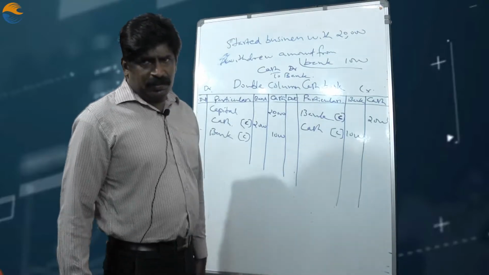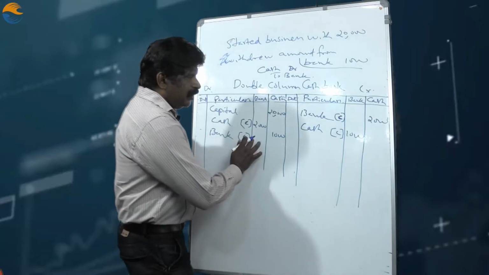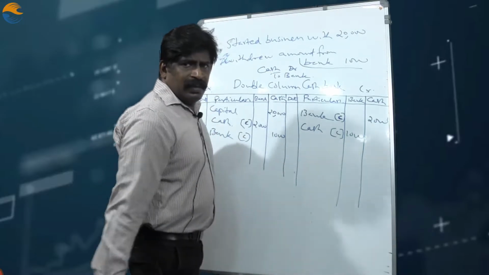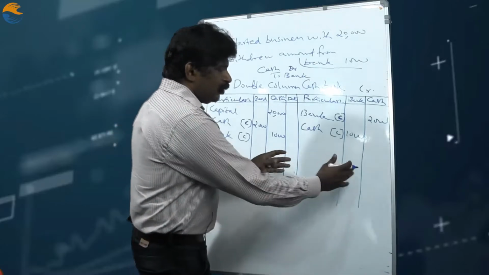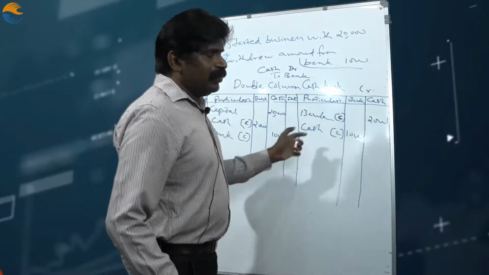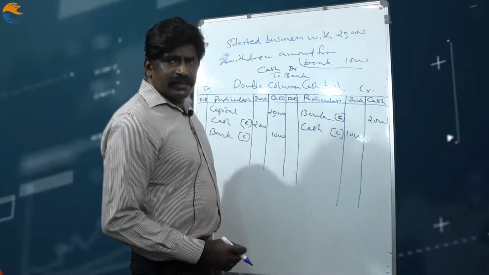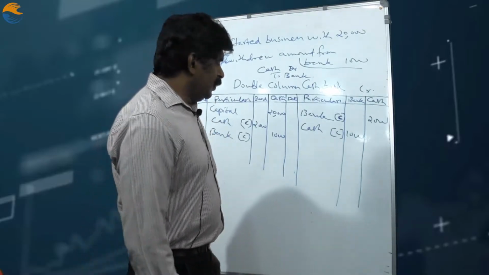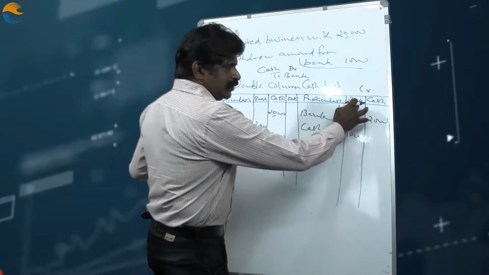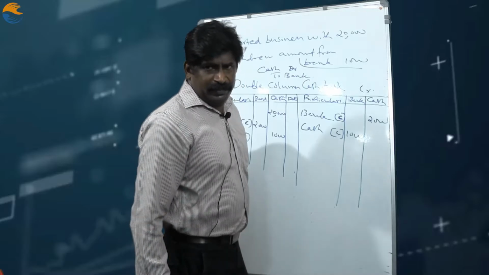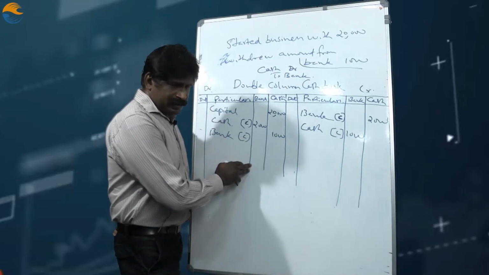How to balance these accounts? Here, bank columns are considered together to balance, and cash columns are considered together to balance. First we balance the bank column. On the debit side, bank column total is 2000, and the credit side bank column amount is 1000. Where is the highest amount? It is on the debit side.